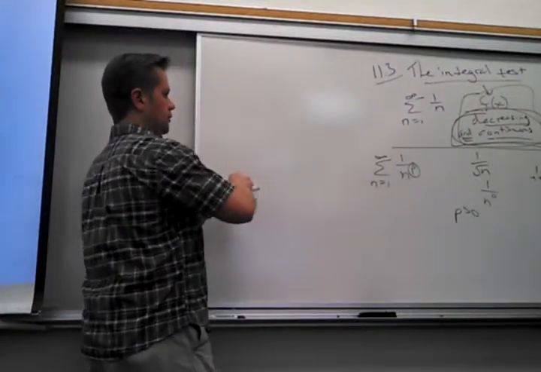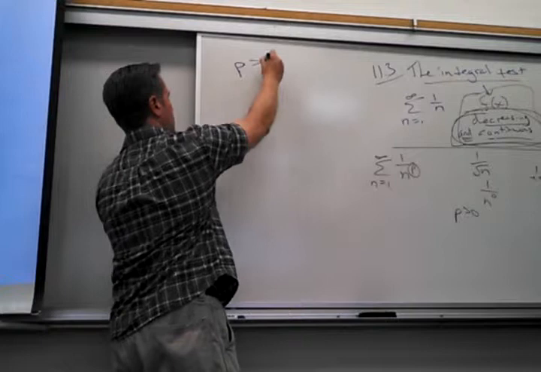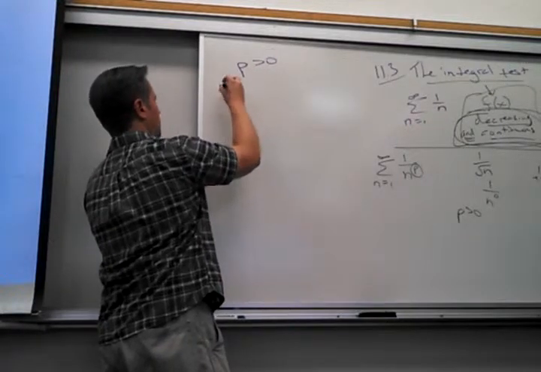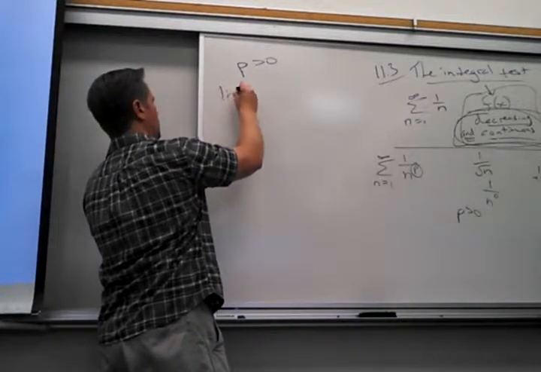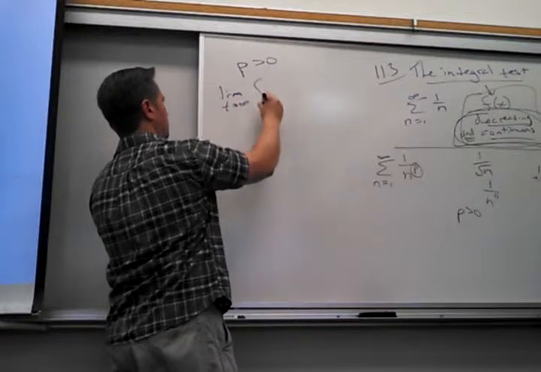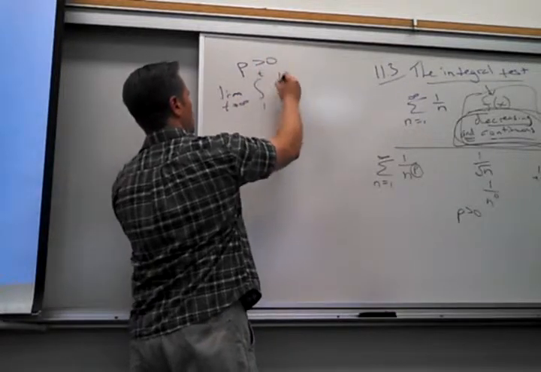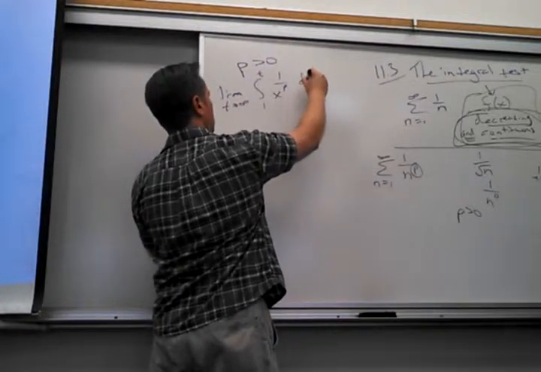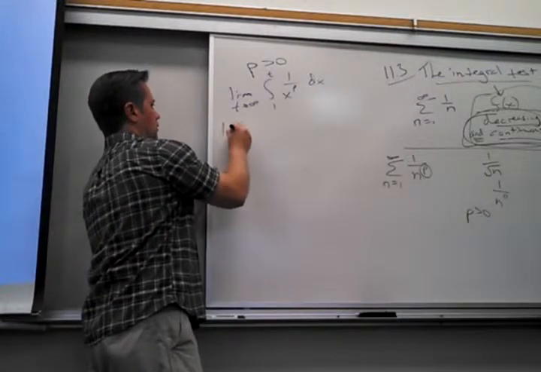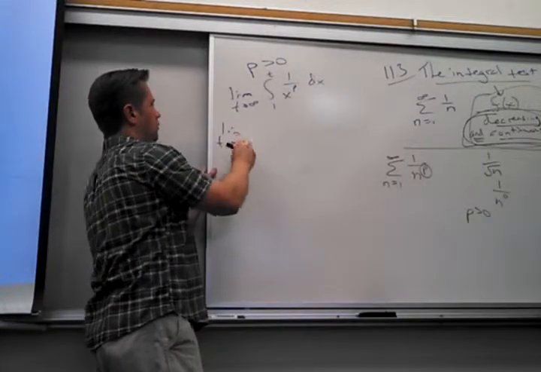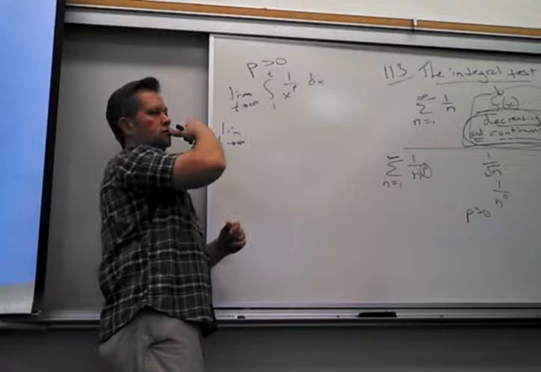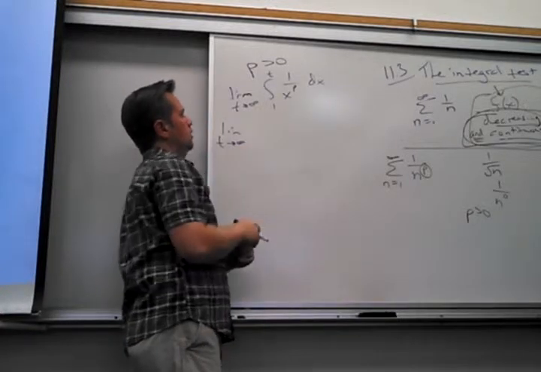Here we go. So now I know P is greater than 0. The limit as t goes to infinity of the integral from 1 to t of 1 over x to the p. What is that integral?